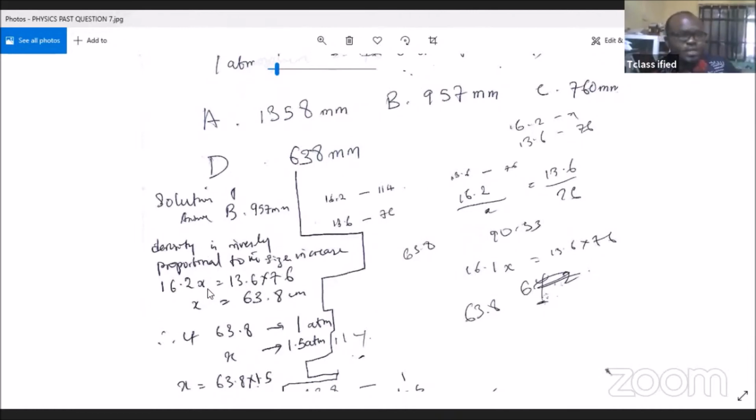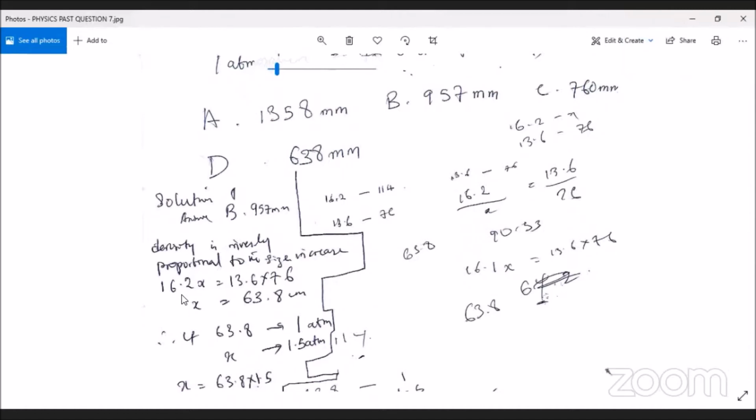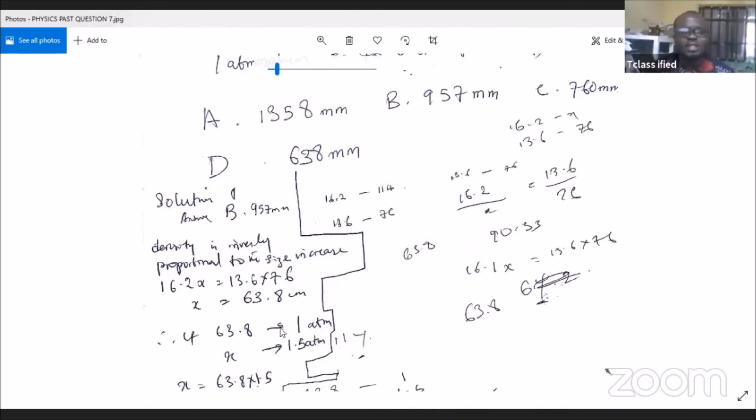For that liquid Q1 that you don't know, that has the density of 16.2, it can measure X, which corresponds to 1.5 atmospheres.